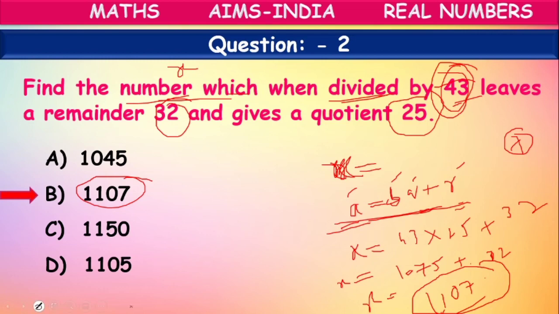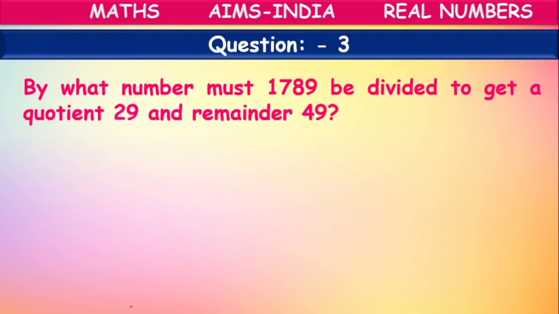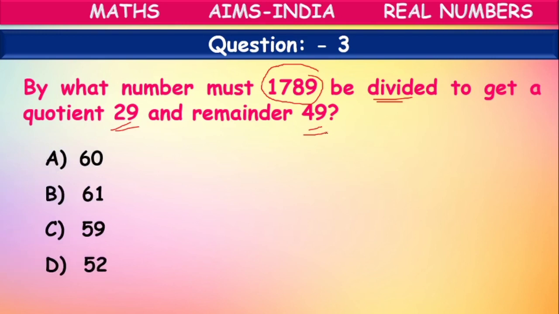Next, third question. By what number must 1789 be divided to get quotient 29 and remainder 49? Here they have changed the question.